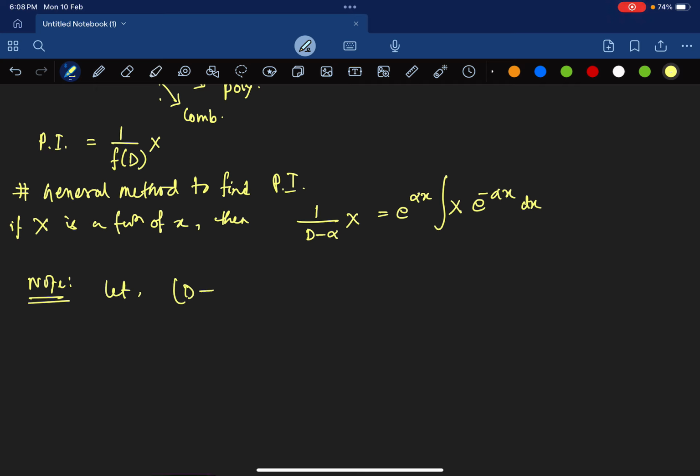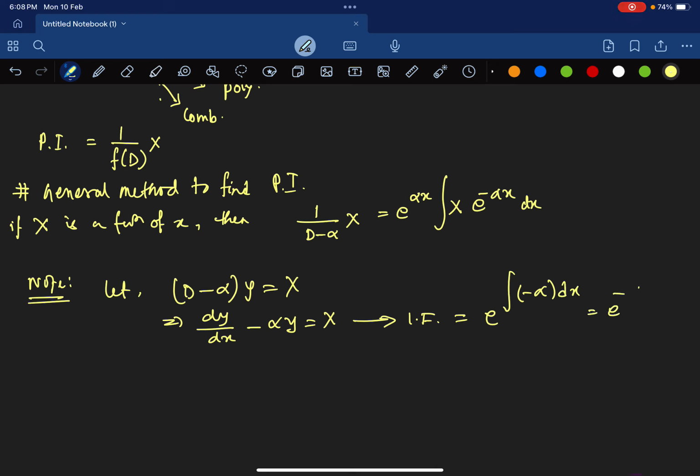Let (D - alpha)y = capital X. This is our considered differential equation, which is nothing but a linear differential equation of first order, and the standard form you can write here is dy/dx minus alpha y = capital X. Here immediately you can see the integrating factor is e^(integral of -alpha dx), that is e^(-alpha x).